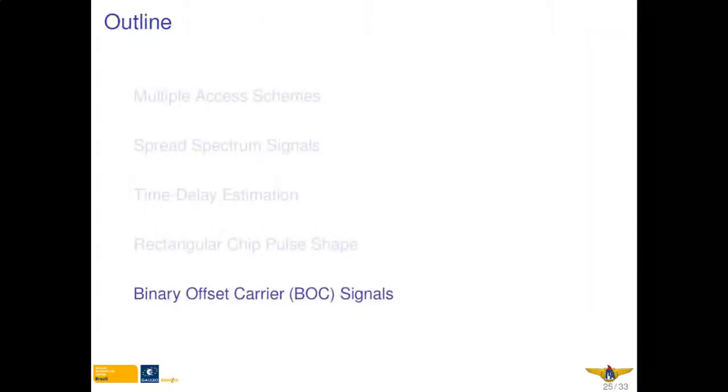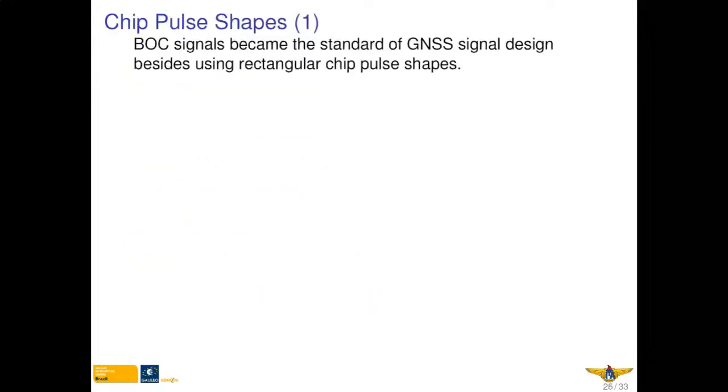Another kind of signals that are used by many GNSS are binary offset carrier signals, BOC signals. They became kind of the standard of GNSS signal design besides rectangular chip pulse shapes.